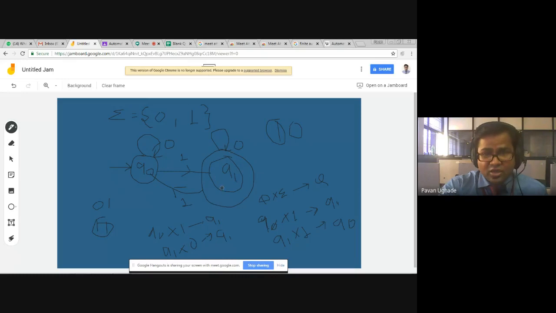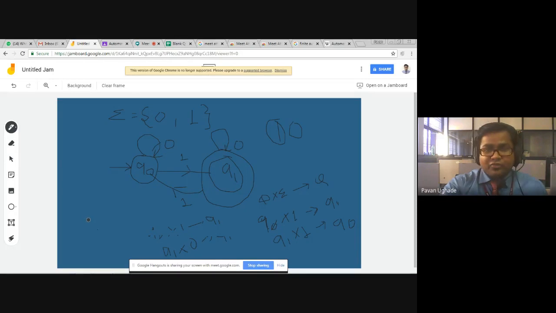Now try to understand the other strings. Can you tell me any string which should be accepted by the automata?